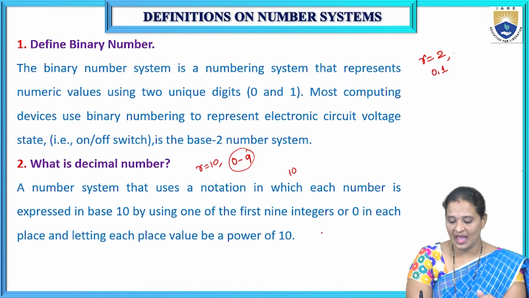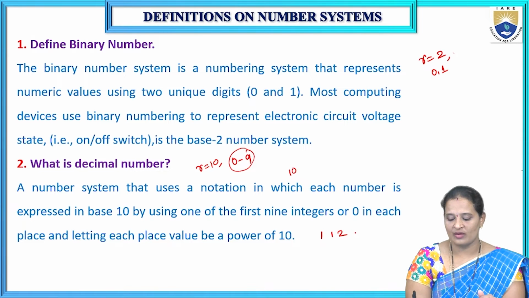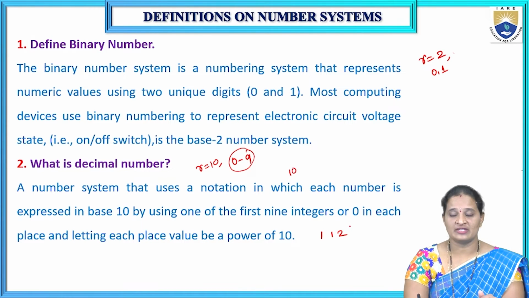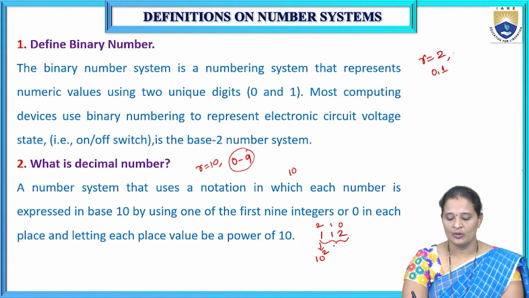For example, if we have a decimal number 112, it is a 3-digit number, so the positions of this number are given by 0, 1, 2. Each digit will have its own positional weight, which is expressed as a power of 10. So the weight of this digit is 10 power 2, that is the hundreds position, and this is 10 to the power of 1, and this is 10 to the power of 0.